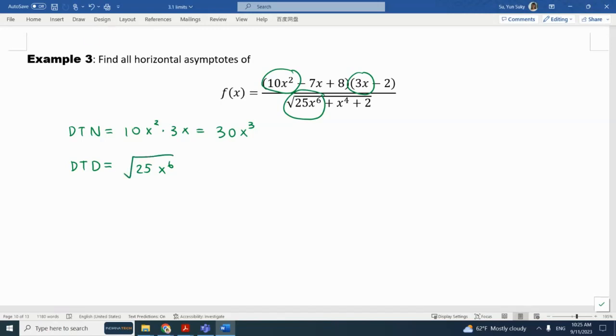We need the square root. Yes, very good. Be careful, be careful. We have the square root, so don't forget the square root. Okay, everybody? What's the square root of 25? 5. And what's the square root of x to the 6?